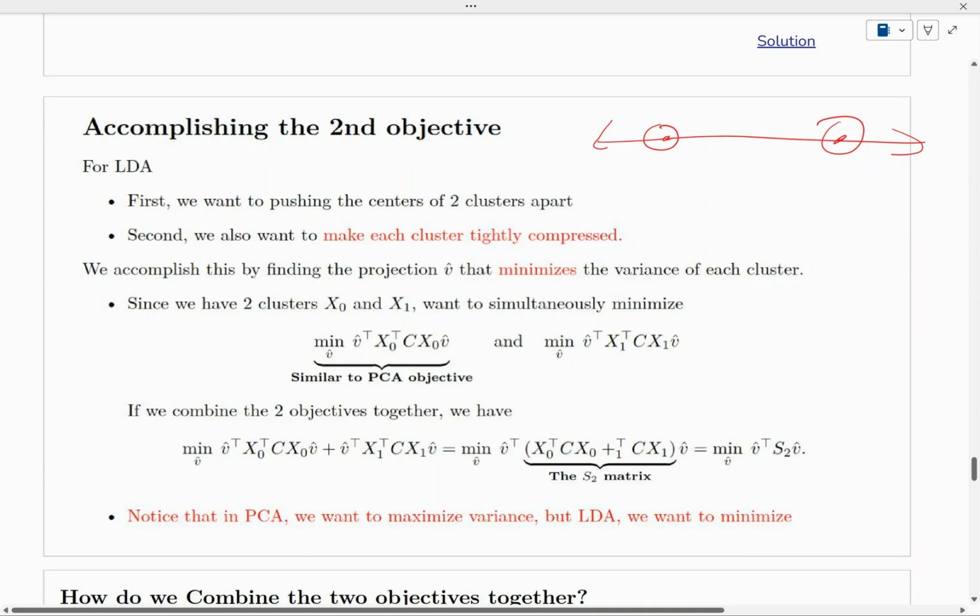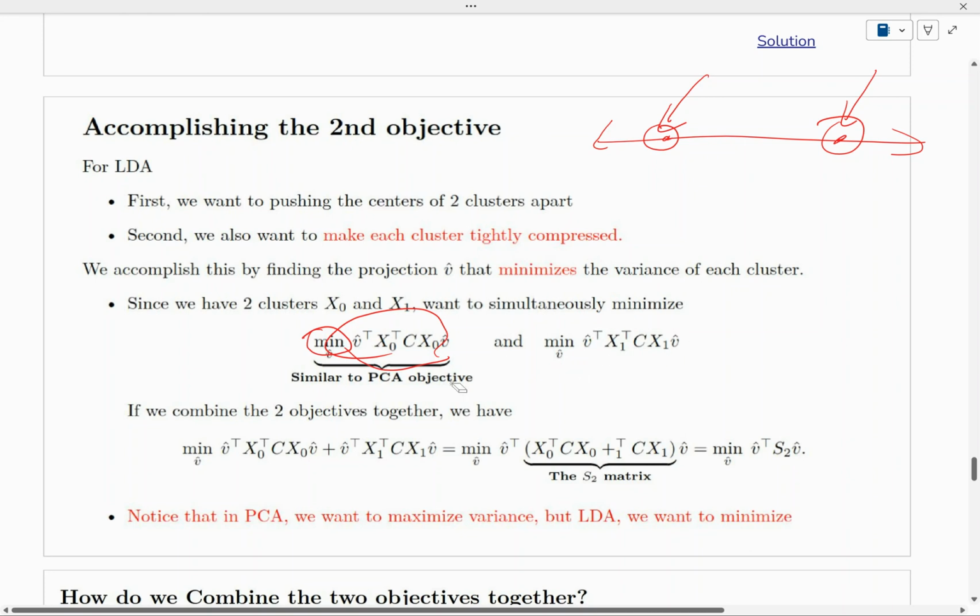Well, that's easy, because if we're trying to make the clusters as small as possible, essentially for cluster 0, the data within cluster 0, we want to minimize the variance, right? This is the opposite of the PCA objective. In PCA, we're trying to find a vector that maximizes the variance. But in LDA, we're trying to make the variance as small as possible because we want the clusters tight. So we're trying to minimize this for cluster 0, and we're trying to minimize for cluster 1.